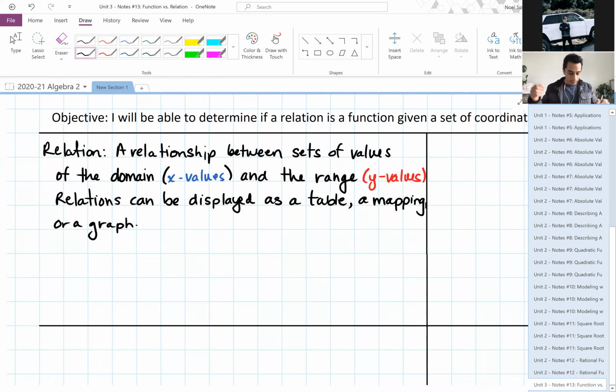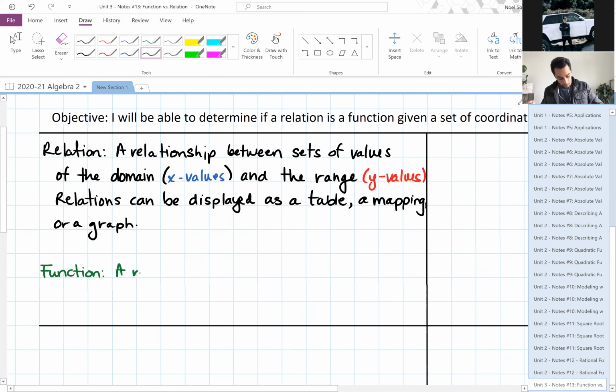Because here's what a function is. A function, I'll do some different color. It is a relation, right? But it's a special type of relation. A relation in which each input has a unique output.